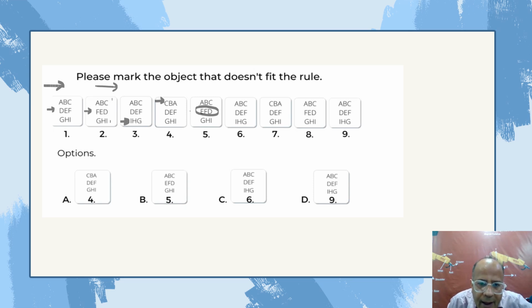If you look at the sixth figure, the pattern remains as such. Again, it is being followed. So the only thing they purposefully did, and which you needed to figure out, was that in this block all the alphabets were not reversed. So this is the object which is not fitting the rule. Where is my answer? My answer is this one, which is the fifth one. So this is going to be my right answer.